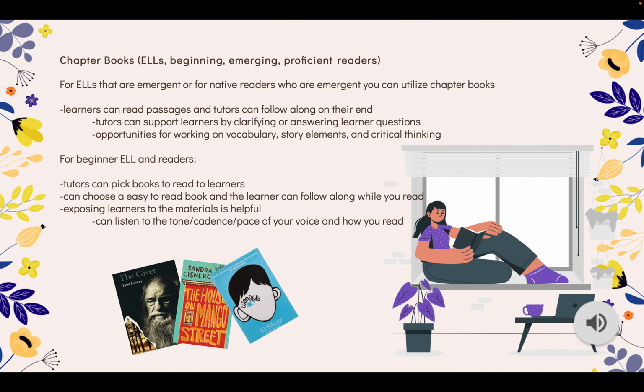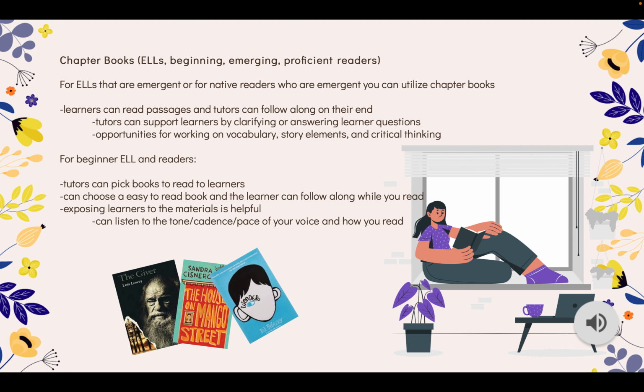The next activity utilizes chapter books. This activity is great for ELLs, beginning, emerging, and proficient readers. For ELLs that are emergent, or for native readers who are also emergent, you can utilize chapter books. Over the phone or on FaceTime, learners can read passages and tutors can follow along on their end. Tutors can support learners by clarifying or answering learner questions.